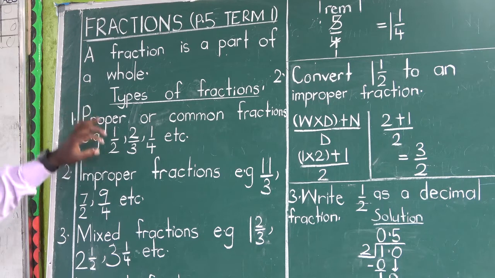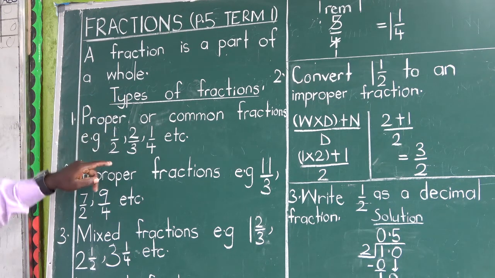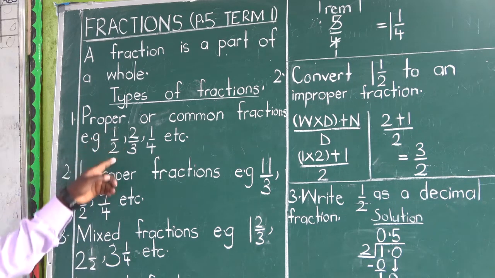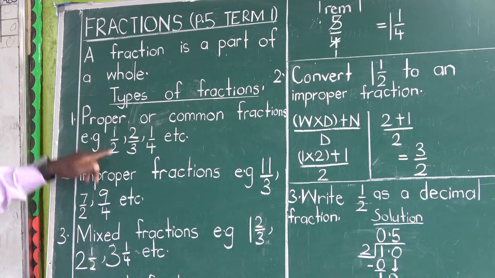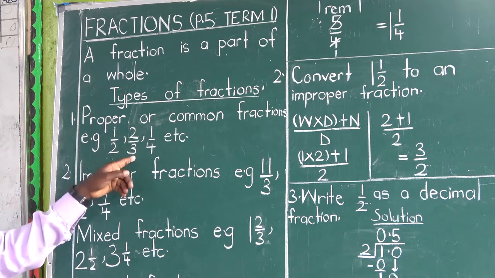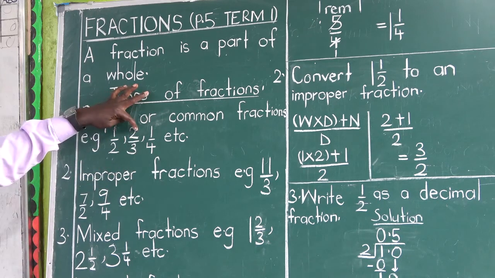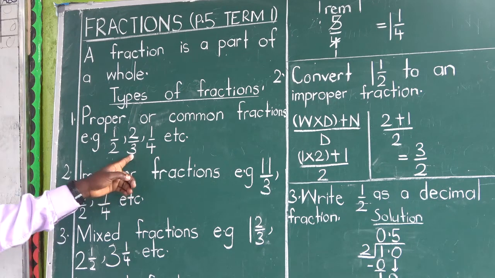Like this half, the upper number 1 is less than the downer 2. 2/3 or 2 out of 3, the numerator is less than the denominator.